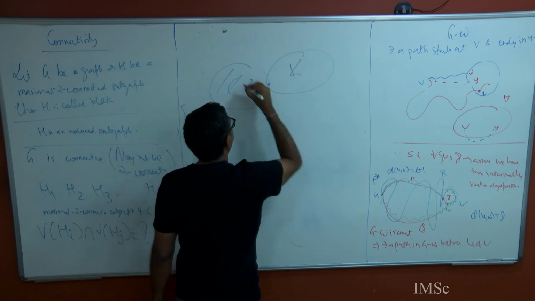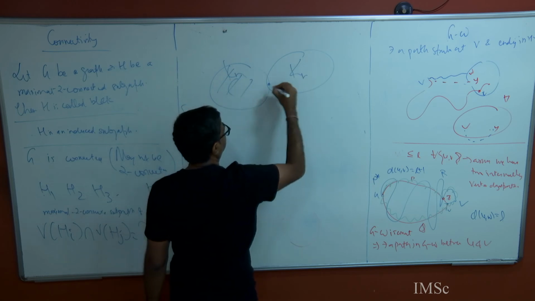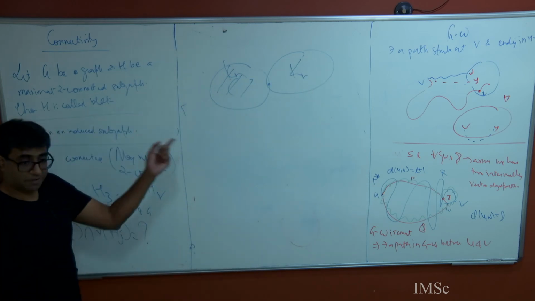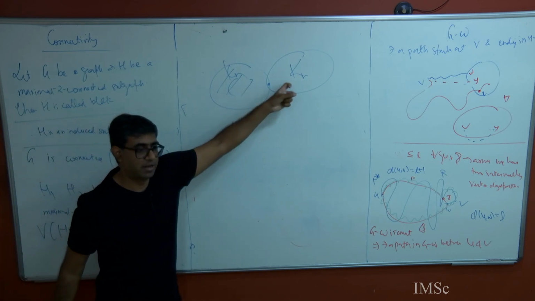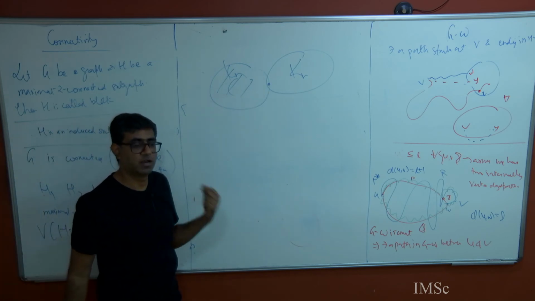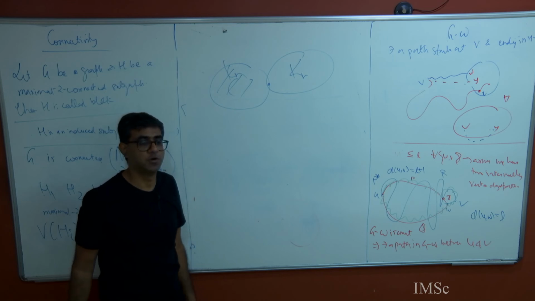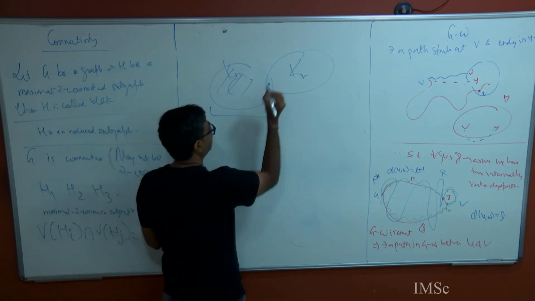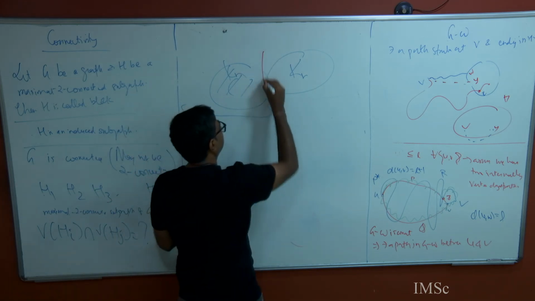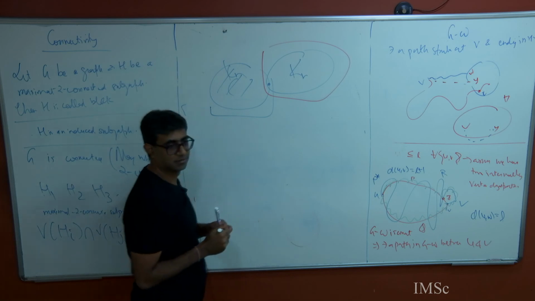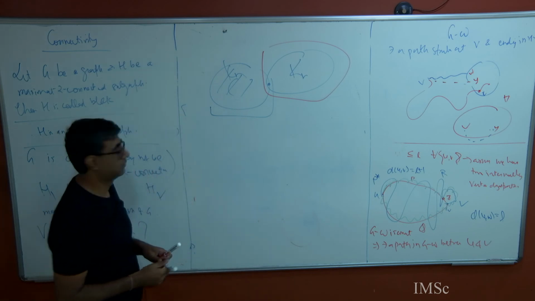This graph is connected. It's definitely not two connected, right? Because if I delete this vertex, I will get its maximal two connected components. So this is one, and this is another one. You just check.